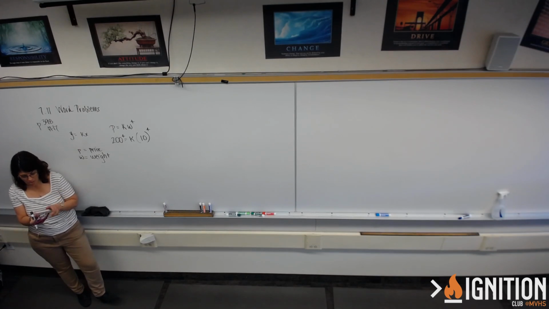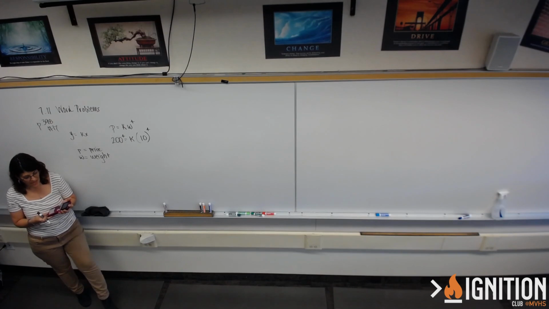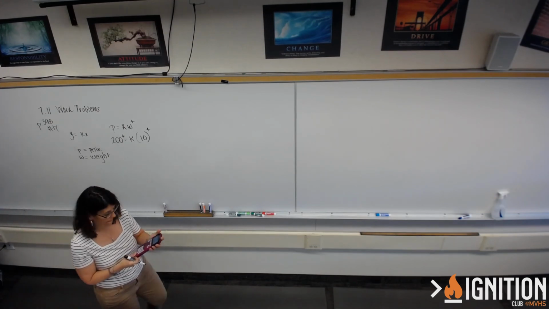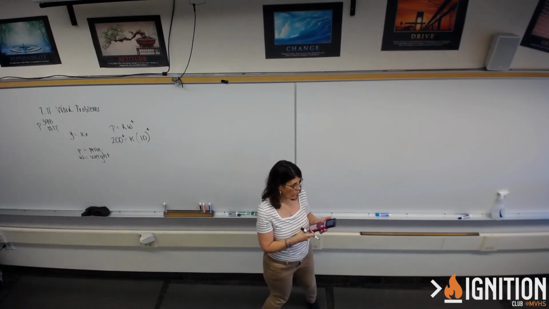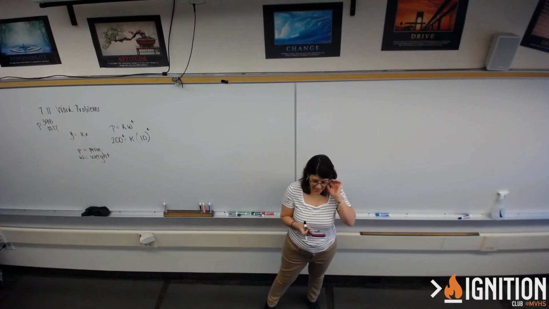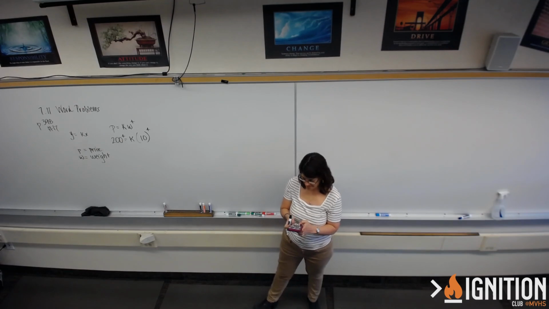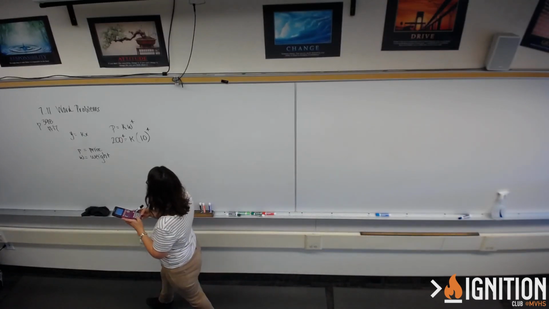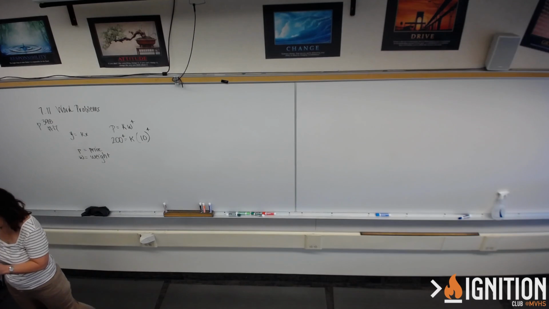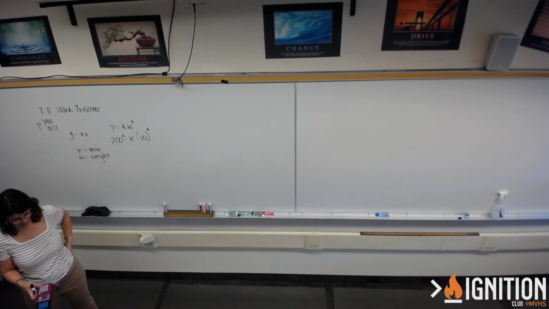I have it wrong on the board. What's that? It is a big number. 200 to the 4th. It's 1.6 times 10 to the 9th.